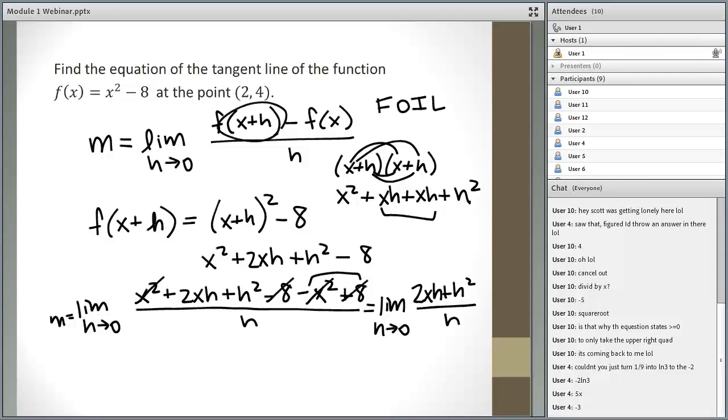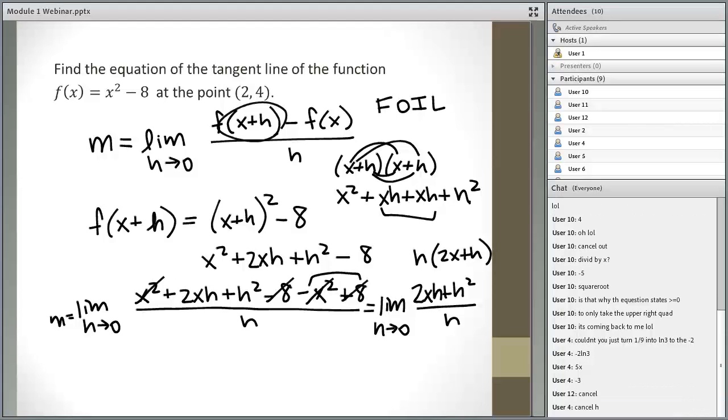But what can I do in the numerator? Well, each term has an h, so I can factor one out. And now what? Very good.